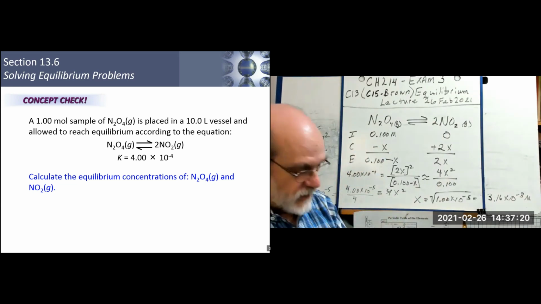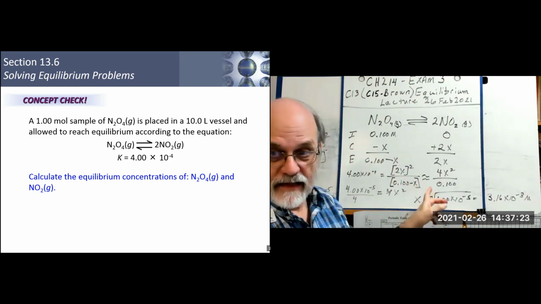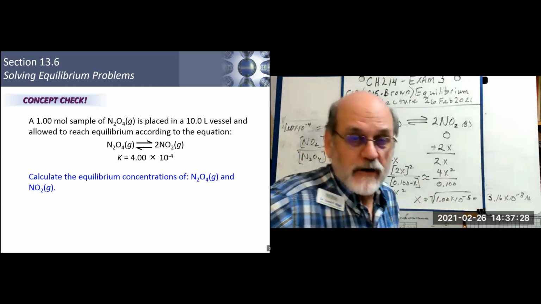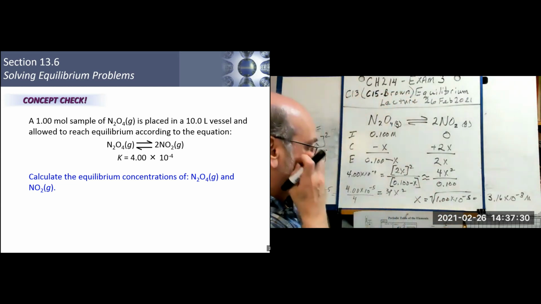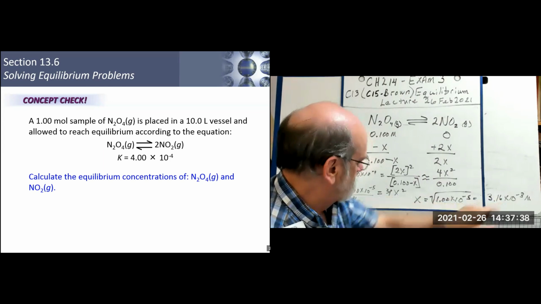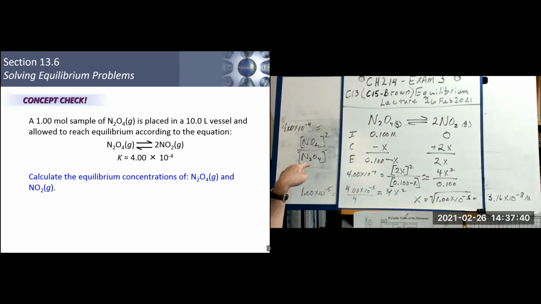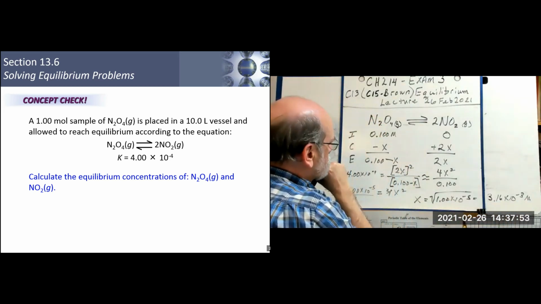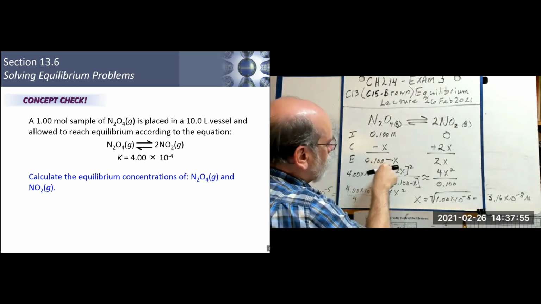Now, the question is, was that a valid assumption? How do you check that? Well, we generally use the 5% rule. In other words, if we take this value and put it in that expression, well, not that expression, but if this is the concentration of that, we need 0.1 minus that value.